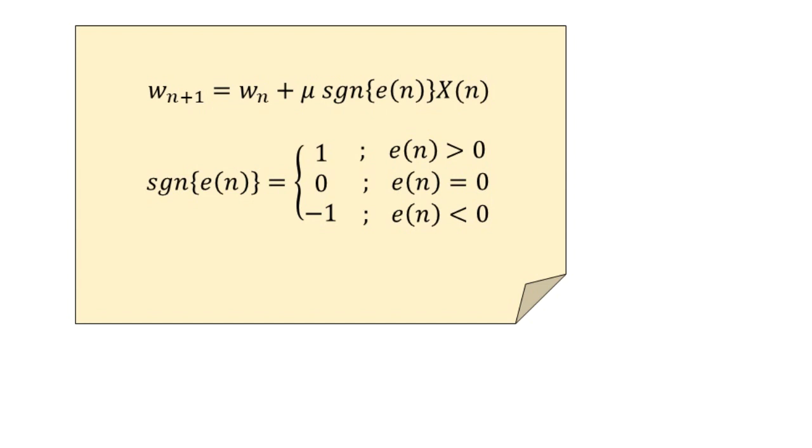Now the sign error algorithm can also be derived by using the LMS gradient descent algorithm for minimizing the error denoted by zeta of n, equal to mod of the error signal E of n. So for this purpose, let us take the partial differentiation.